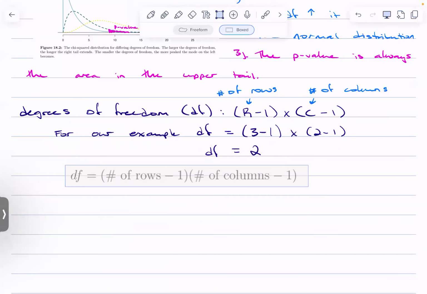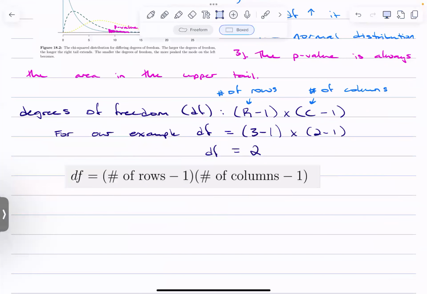I almost changed it to R minus 1 times C minus 1, but then I thought, I'll keep it: number of rows minus 1 times the number of columns minus 1. But usually I use this shorthand, r minus 1 times c minus 1. Okay, good. I think we're ready.